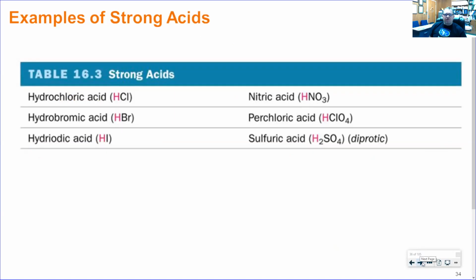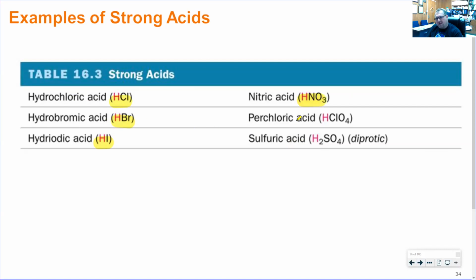So the common strong acids that we have are hydrochloric acid, hydrobromic acid, HI. So these are the halogens, and they're all of the halogens going down the list with the exception of the first one, HF. So the top of the 7A family is not as strong, doesn't form a strong acid, but everything below it does. And then we look at some other acids, which we call mineral acids.